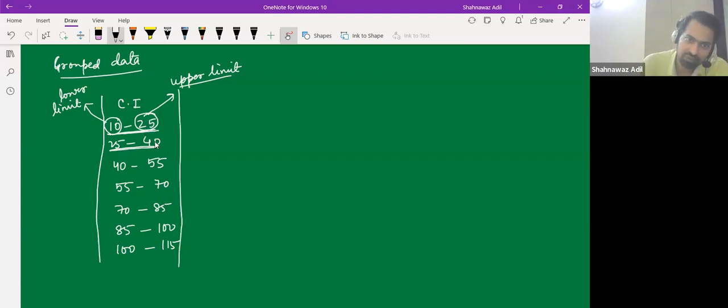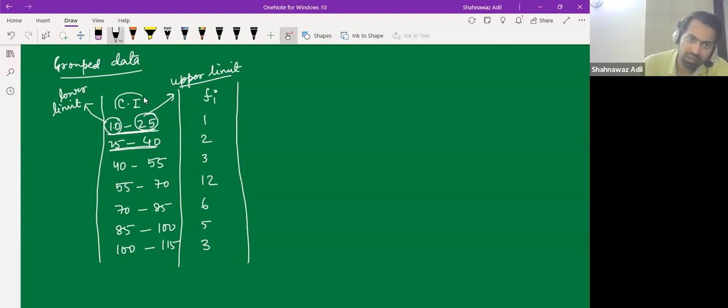So 25, 40, 55, 70, 85, 100, 150 are not counted whenever we have these kinds of class intervals. And then these are the frequencies that we have. How many marks are there in the 10 to 25 range? Let's say this was 12, 6, 5, and 3.